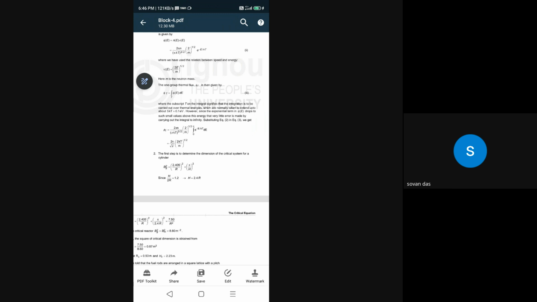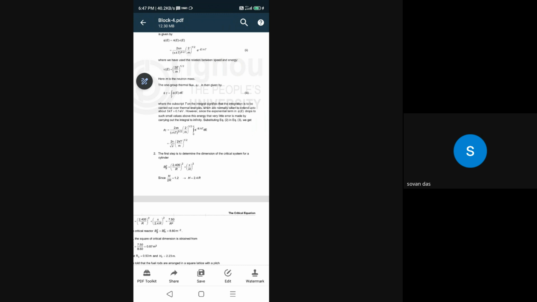Since the exponential term in phi drops to such small values above this energy that very little error is made by carrying out the integral to infinity. So your phi_T is equal to 2 pi N by (pi kT) to the power 3 by 2 multiplied by (2 by m) to the power half, integration 0 to infinity of exponential minus E by kT dE. This is nothing but 2N by root over pi times (2 kT by m) to the power half.